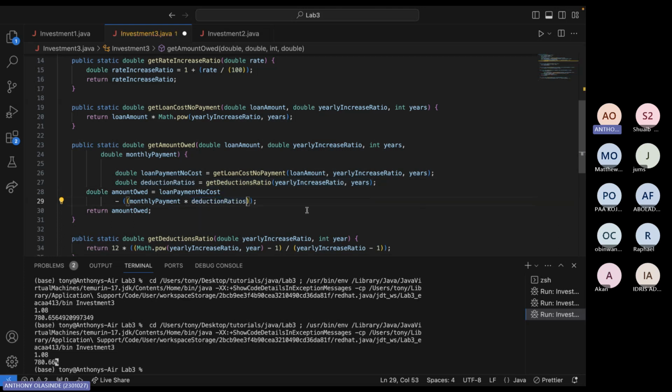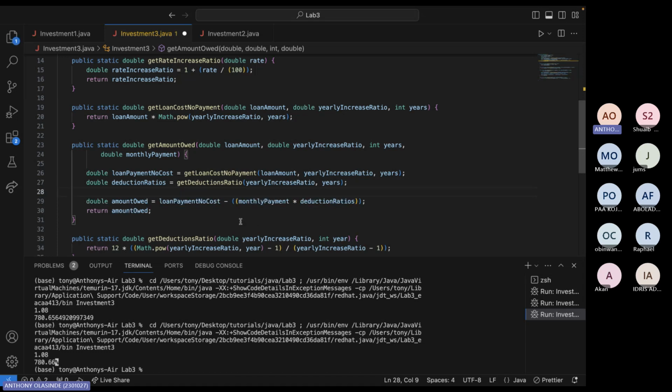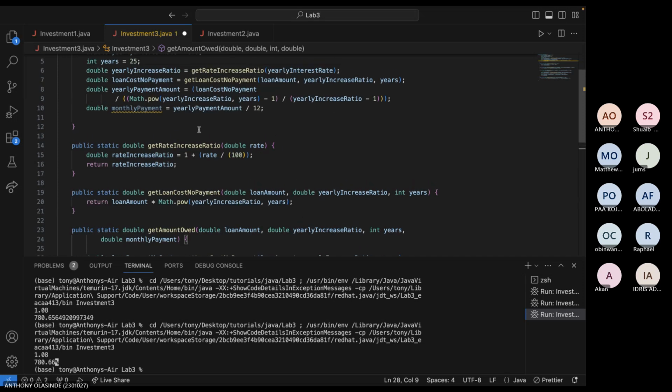Deduction ratio. Now everything we were writing that time that was giving us headache, you can see how we've taken it down to something simpler by just decoupling things and doing them inside different methods. As long as you can group those things and you'll be using them someplace else. The same way we've been using this getInterestRatio almost everywhere.